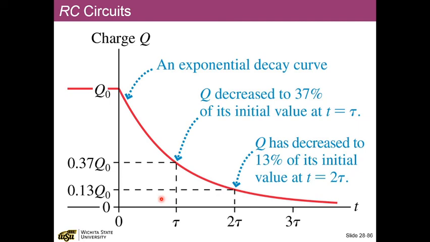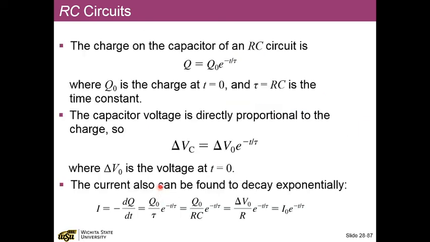Now, what about the voltage across the capacitor, or the current in the circuit? We know how the charge goes. Using the simple capacitor relation, Q equal to C times delta V, we can transform this equation in terms of voltage.